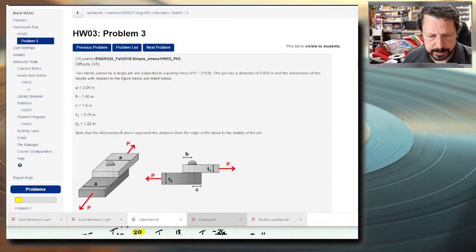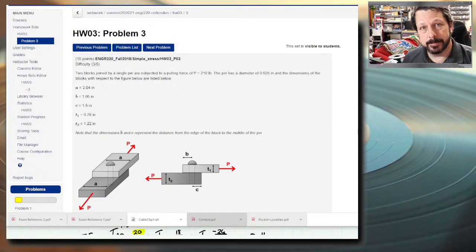The test is on Thursday. I will send a little bit more detail on what you're going to do, but basically you'll have a Zoom link on Moodle and an exam link on Moodle, and you'll log into Zoom, camera, but no sound. You don't need sound. Then you will take the exam, write out your work the best you can, take a picture, or if you have a scanner, scan your work.